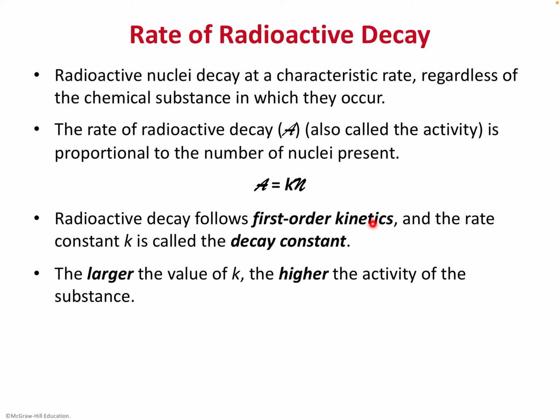I hope you remember when we studied kinetics, we learned about first order, second order, zero order. So radioactive decay follows first order. The rate constant k is called the decay constant. The larger the value of k, the higher the activity of the substance.